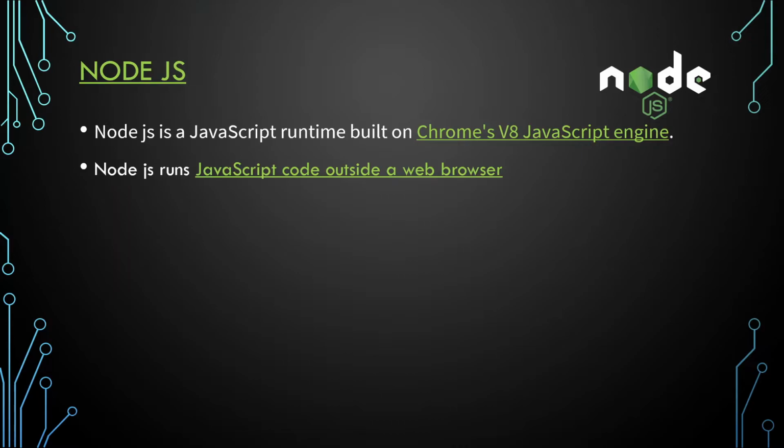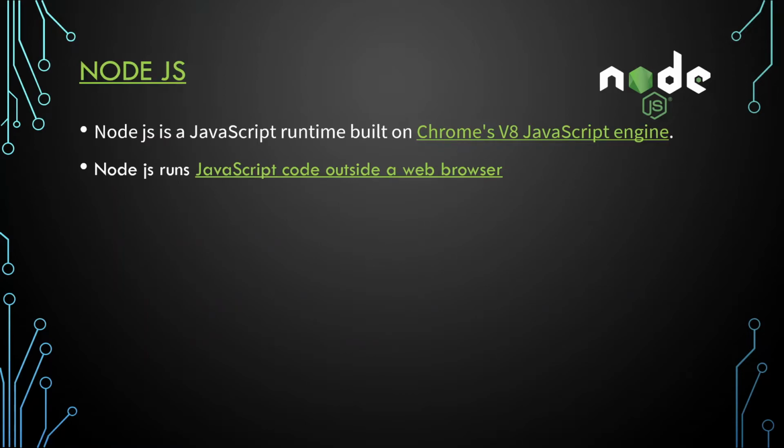Before Node.js, we couldn't execute JavaScript code outside the browser, but with Node.js, we can run JavaScript code in any system where Node.js is installed. So it is a JavaScript runtime environment where JavaScript can be executed, and Node.js uses Chrome's V8 JavaScript engine to execute the JavaScript.